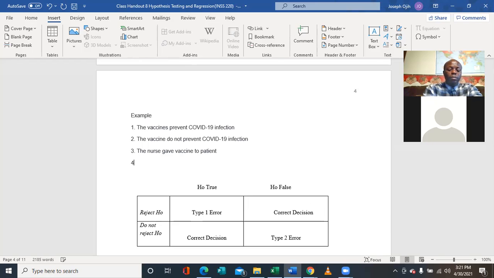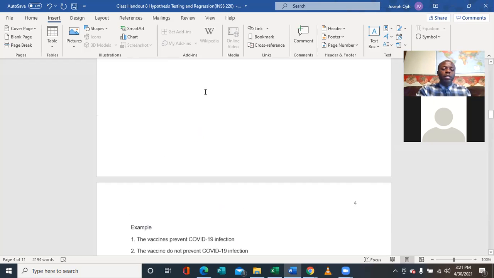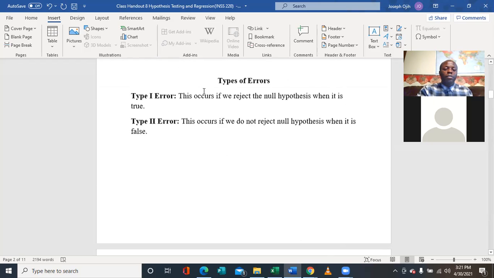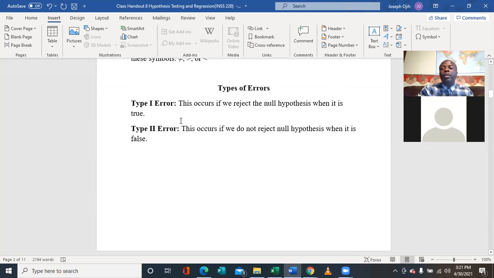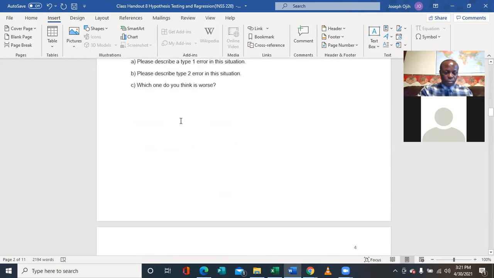Fourth, the nurse did not give the vaccine to the patient. Now, these are the 4 scenarios. So I want to use these 4 scenarios to explain the meaning of type 1 and type 2 error, so you can see how it works.